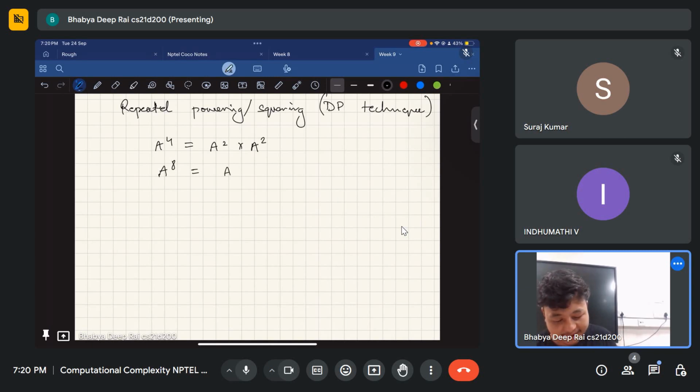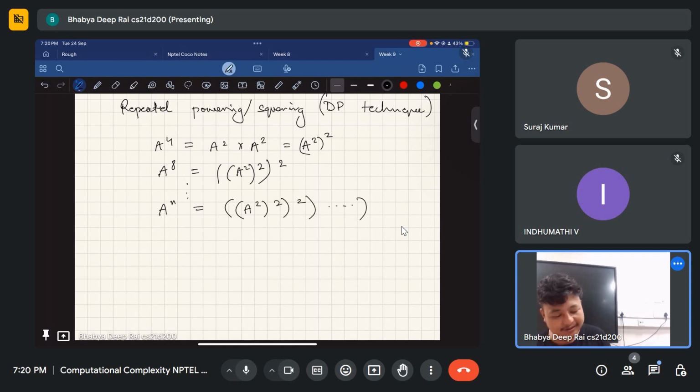I can do a square into a square times a square into a square, which is nothing but squaring this again. Okay, and what is this? This is a square square. And what is this? A square square square, and so on. A to the n would be a square square square, and so on.